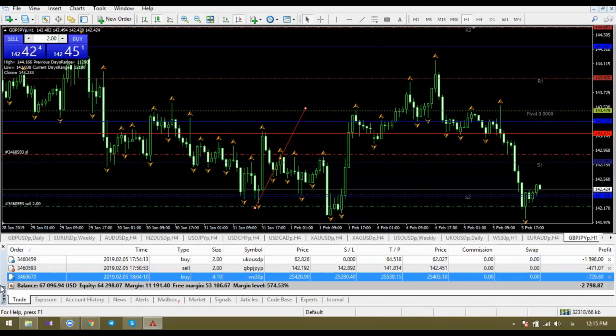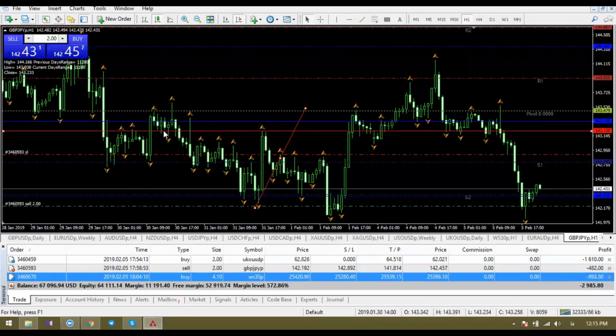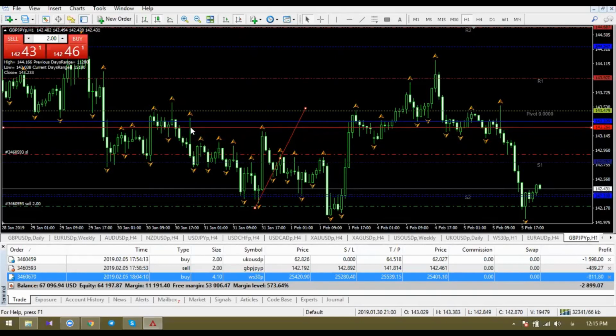Our third type of pivot. We have three types of pivot, or four. If you see this price has passed this shadow, in this price you have an opening and closing candle.